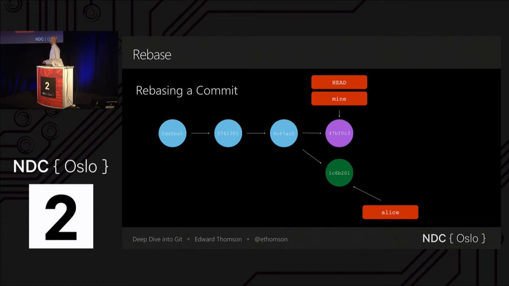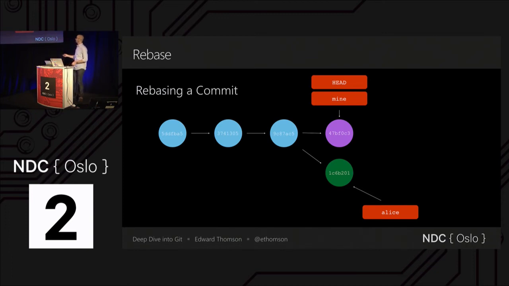The idea is, and this is where the name comes from, you have some commit, my commit, and I want to integrate it into Alice's, but instead of merging it so that I have a join in the graph where I have two parents, I want to just pluck this commit off, and I want to base it off of Alice's commit. I want to change how it exists in history, hence the name rebase.